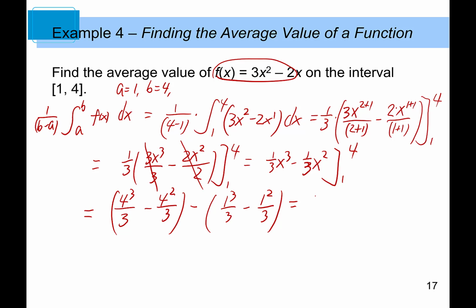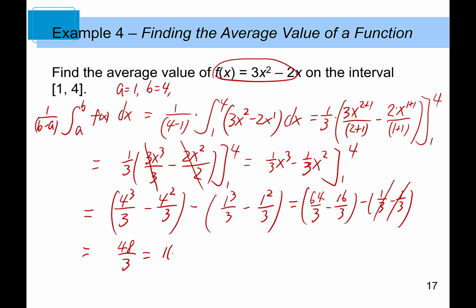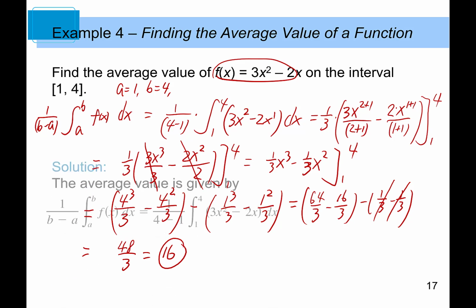Four cubed is 64 minus 4 squared is 16, minus 1 minus 1. The ones cancel. 64 minus 16, that's 48. Since they are like terms, 48 over 3, which becomes 16. So the average value of f of x equals 3x squared minus 2x is going to be 16.